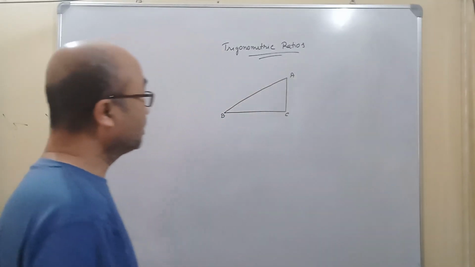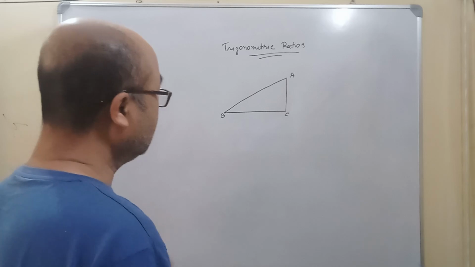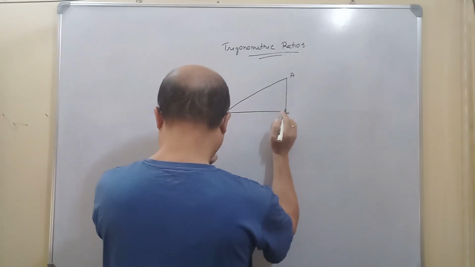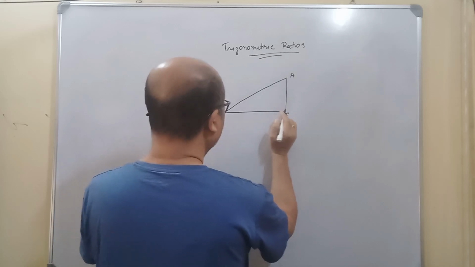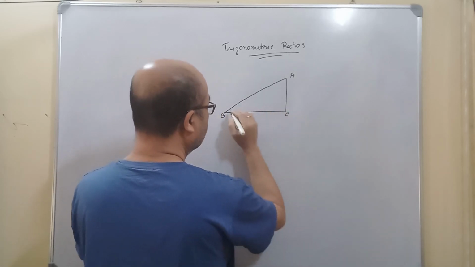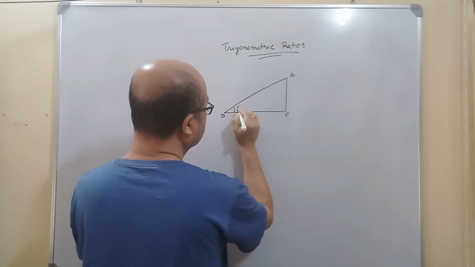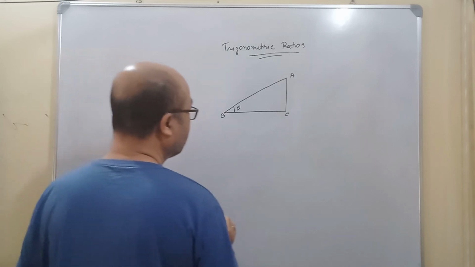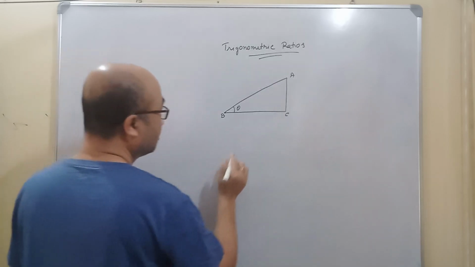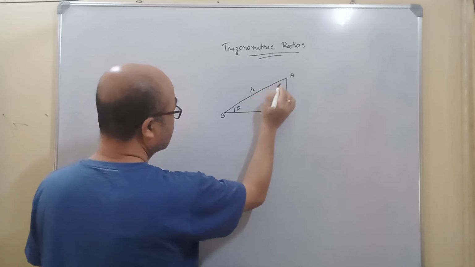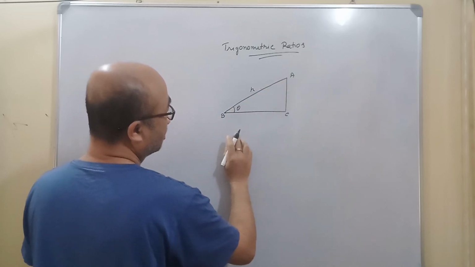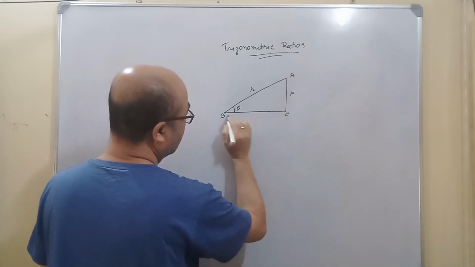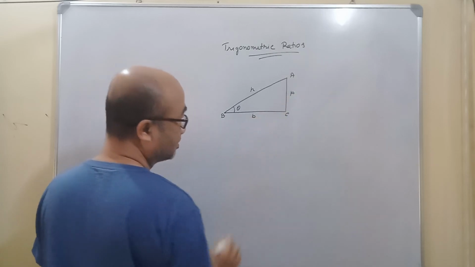So this is a right angle triangle, and let us say this angle is theta. Then we have this one as hypotenuse AB, this one as perpendicular, and this one as base.